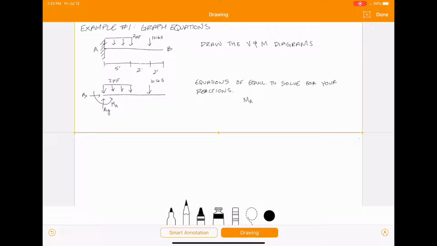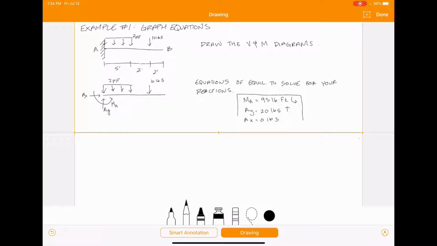So MA is going to be equal to 95 pound-feet going counterclockwise. AY equals 20 pounds acting up. And AX equals 0 pounds.